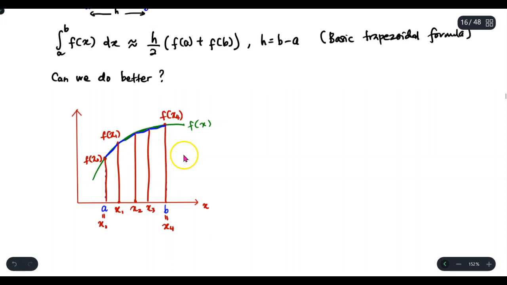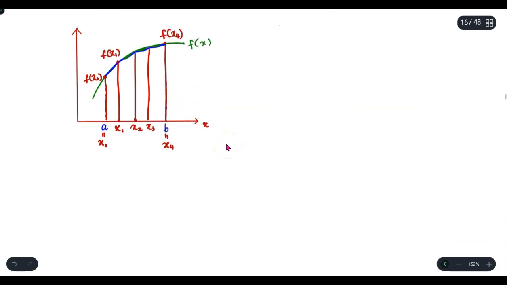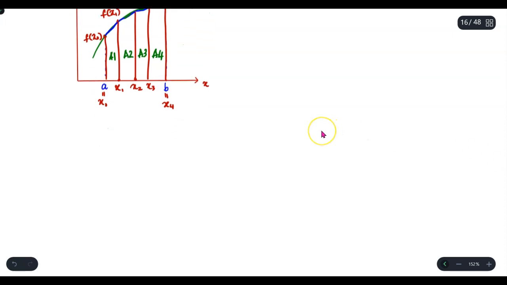So now what happens to the expression? The integral of f(x) dx is the summation of area 1 plus area 2 plus area 3 plus area 4. Therefore, the integral of f(x) dx from a to b is approximately A1 plus A2 plus A3 plus A4.